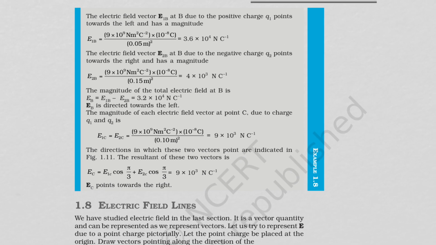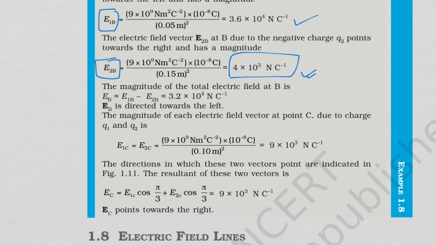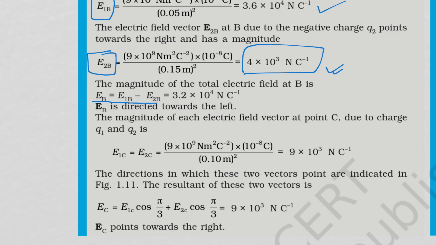As you can see, the electric field at B due to Q1 is 3.6, which we found earlier, the same value, but due to Q2 the value is different, and one is positive, one is negative, because one is the negative charge. What is happening here is that the total electric field is E1B minus E2B.